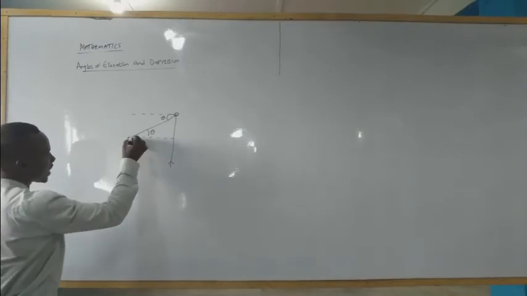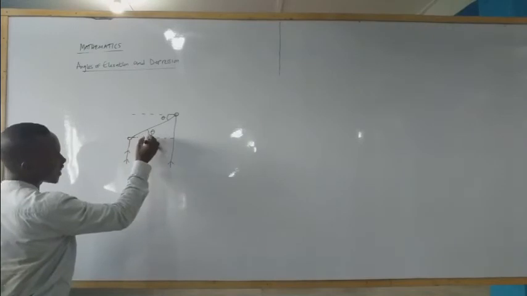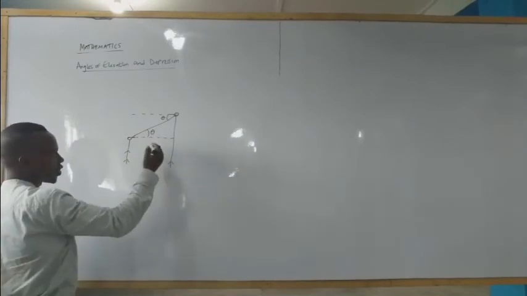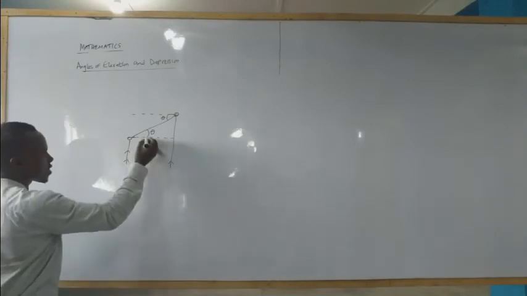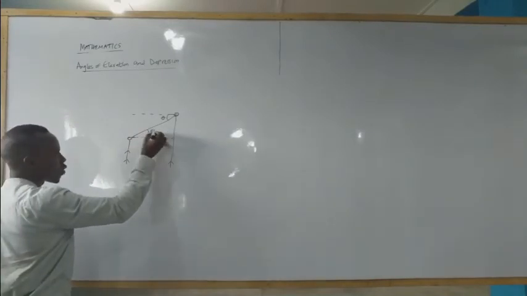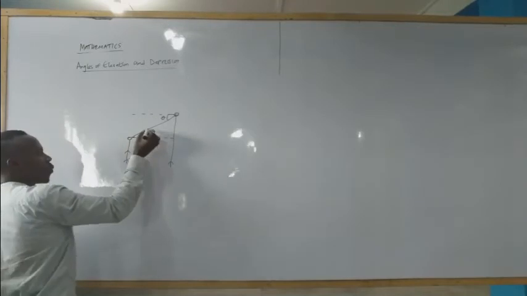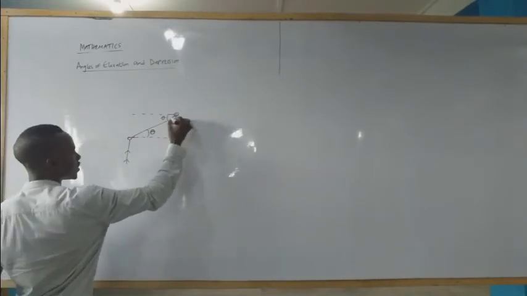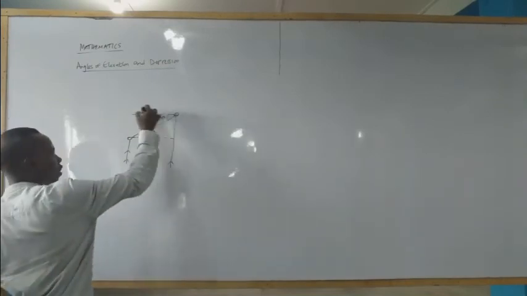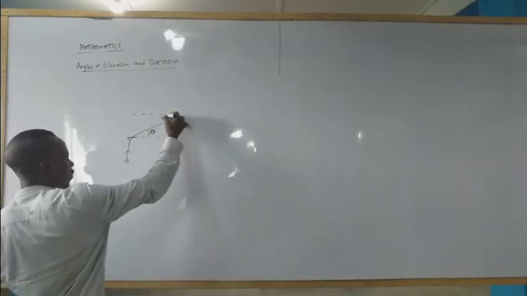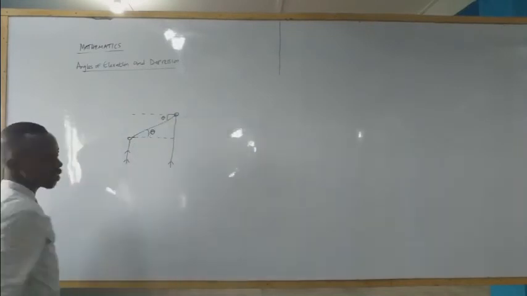The level of the eye of this short person is this, and the angle when this person is looking up is the angle of elevation. Looking down from the level of the eye is the angle of depression.